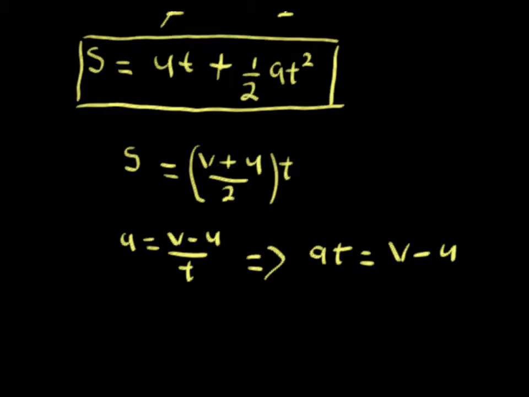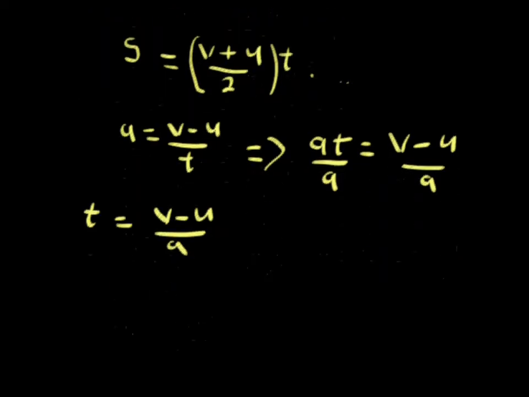So if we divide both sides by a, we're going to have that t now would be equal to v minus u over a. So let's put the value of t, that is v minus u over a, into this equation for our distance. So let's see what we get.